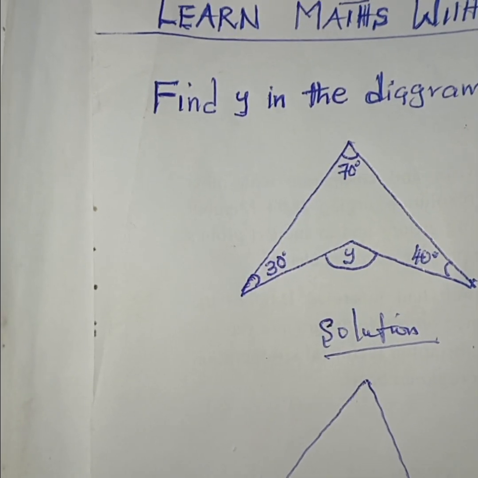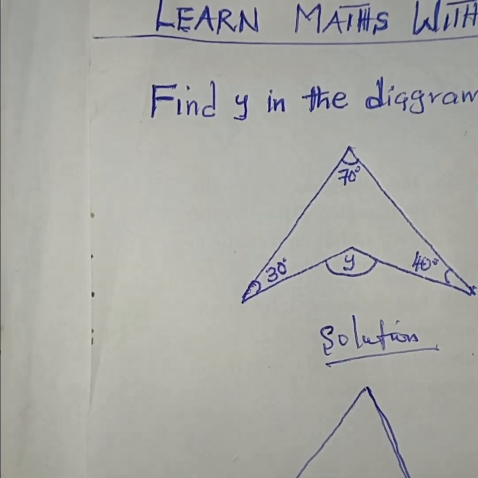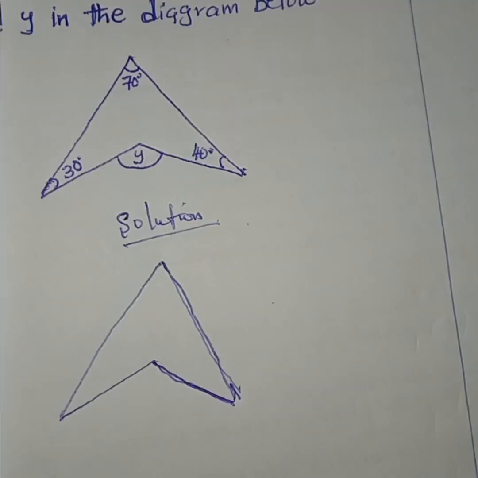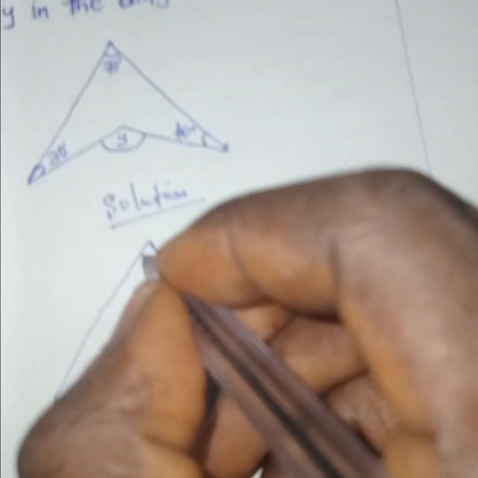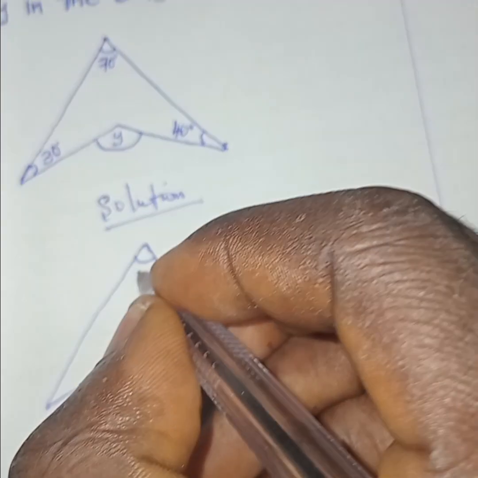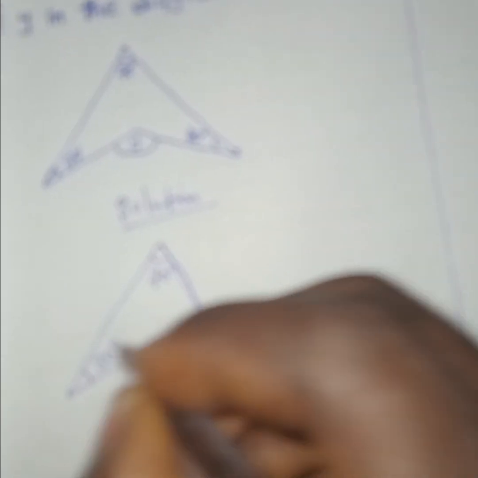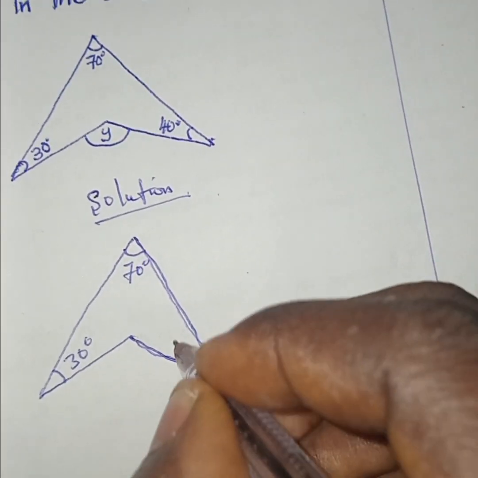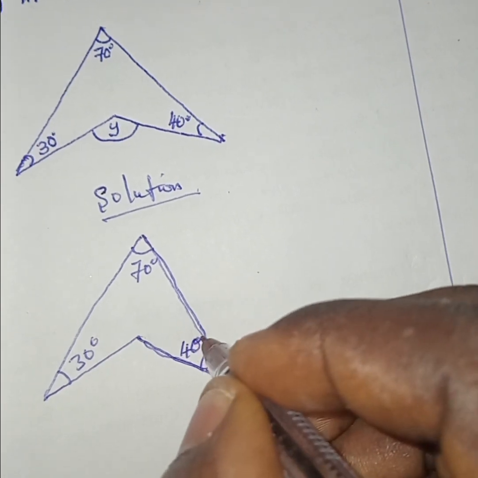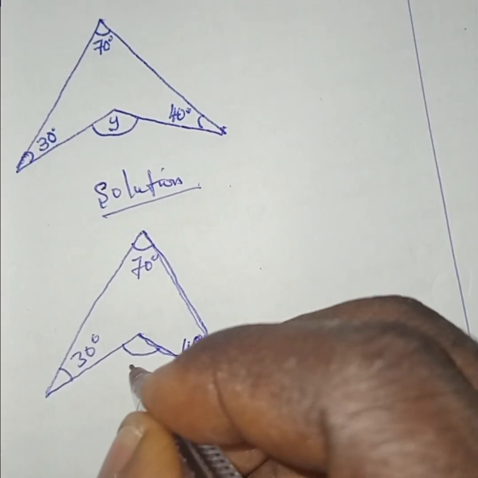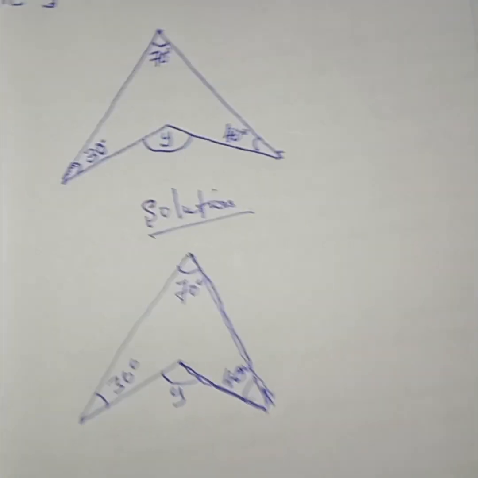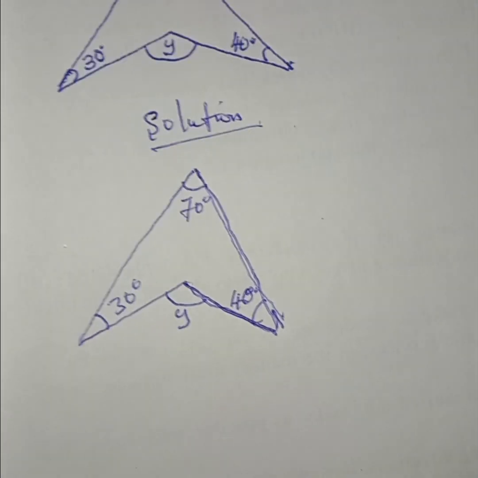Sorry, my diagram may not be fine, but we'll use it. This 70, 30, here is 40 degrees, here is y. So we are asked to find the value of y.